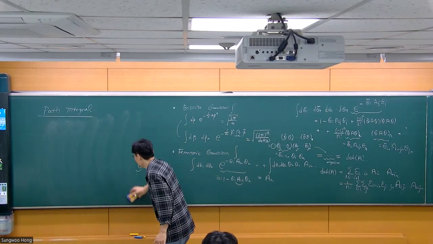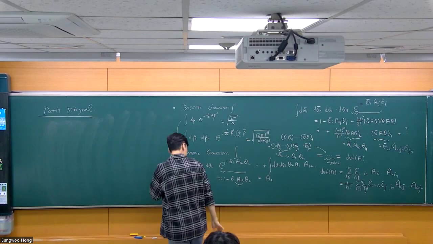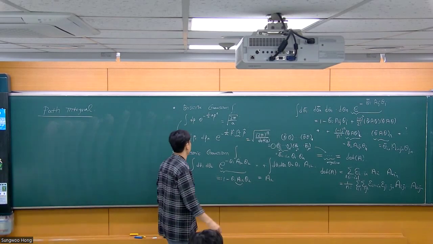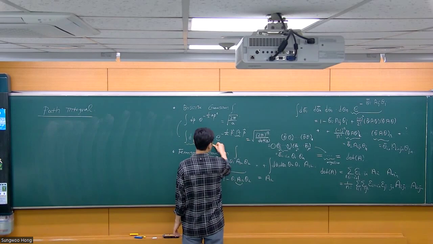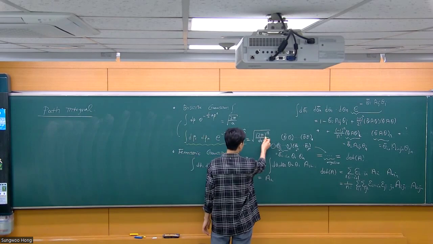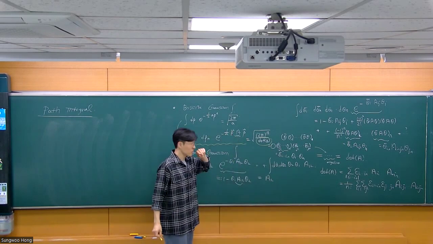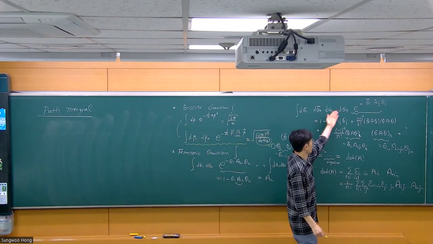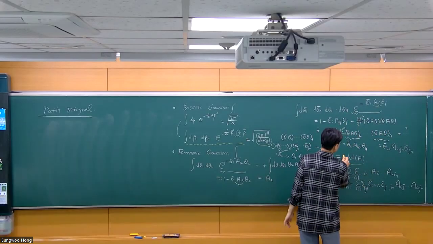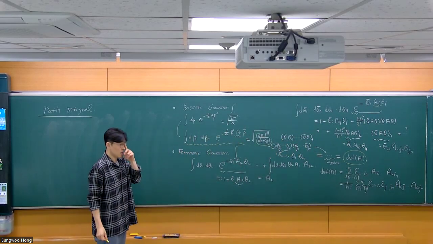And one key difference you see between bosonic and fermionic is that in the case of a bosonic Gaussian integral, you get 1 over the square root of the determinant of that thing. In the case of the fermionic case, you get something that is proportional to the determinant of that thing. That's the key difference.